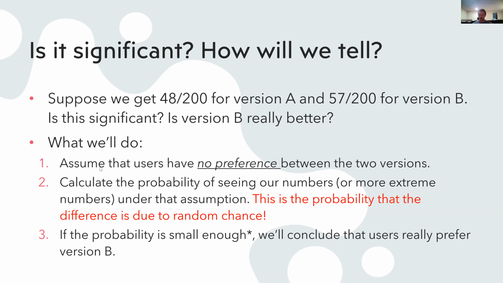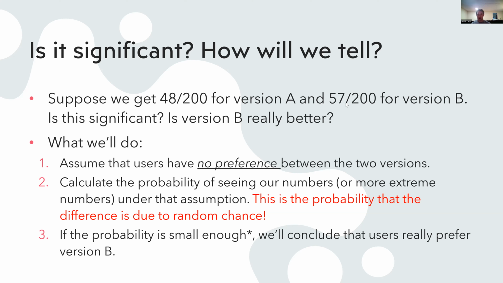So you assume that users actually have no preference between these two versions, meaning that their probability of clicking the button, so a new user comes into the site, the probability that they're going to click that button, we're assuming it's actually the same for the two versions. So we'll take that assumption, and under that assumption, we'll calculate the probability of seeing a difference in conversions that's as big as the one we saw or bigger.